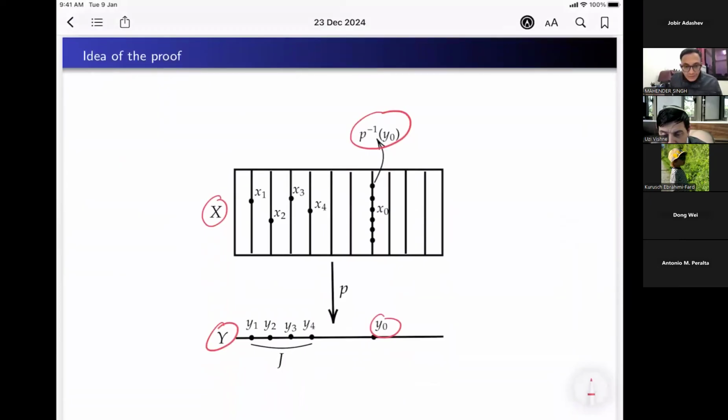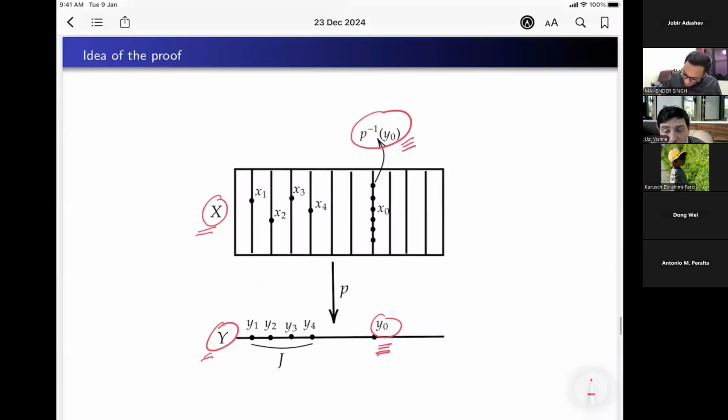So we have the covering X, and the base Y. Let's observe the following first. Suppose I fix some point y_0 and take the pullback p inverse of y_0. Consider a finite subset of this fiber.